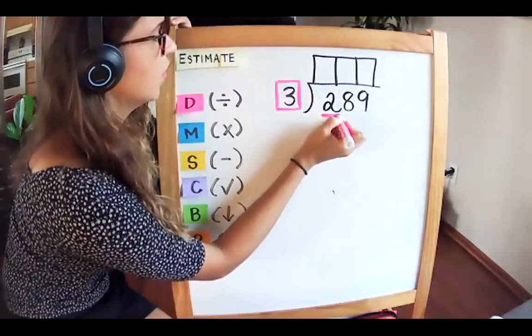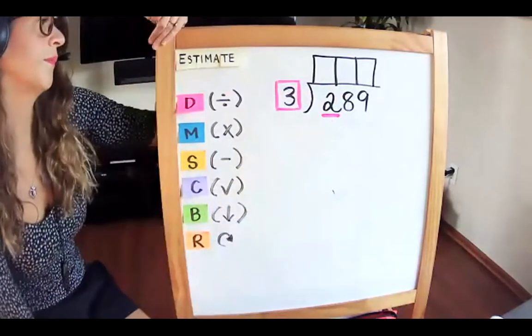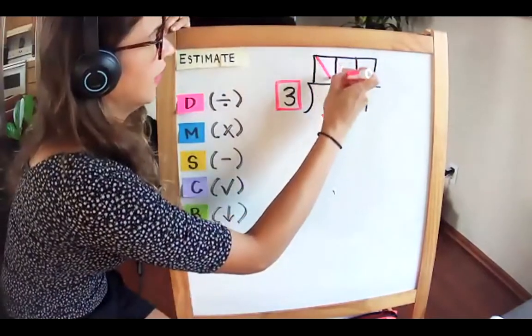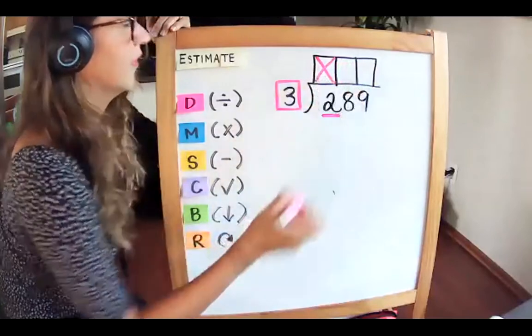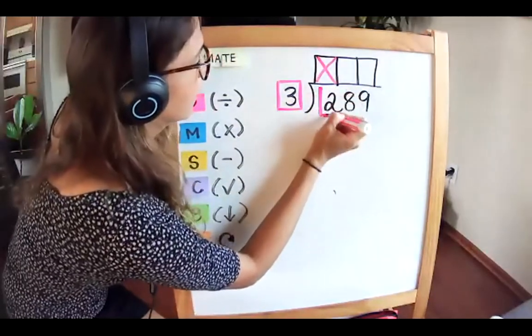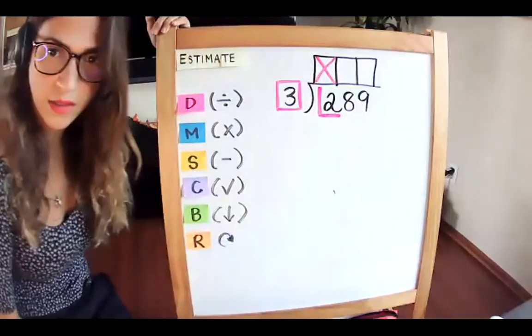Can 3 go into 2? No. What do we put up here? Family Feud X. Can 3 go into 28?